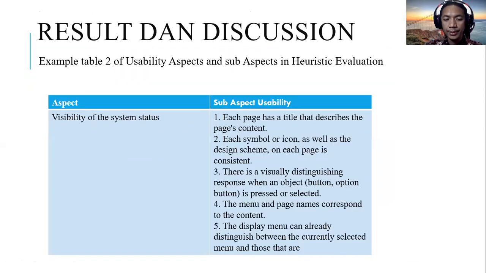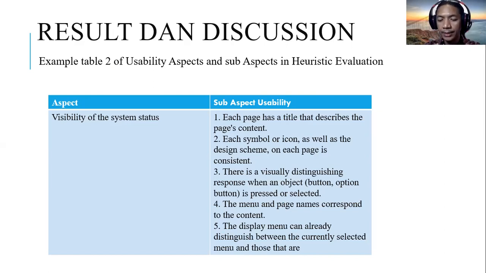And this is the table of usability aspects and sub-aspects in heuristic evaluation. Aspect number 1, visibility of the system status, and sub-aspect usability in aspect 1 is 5.